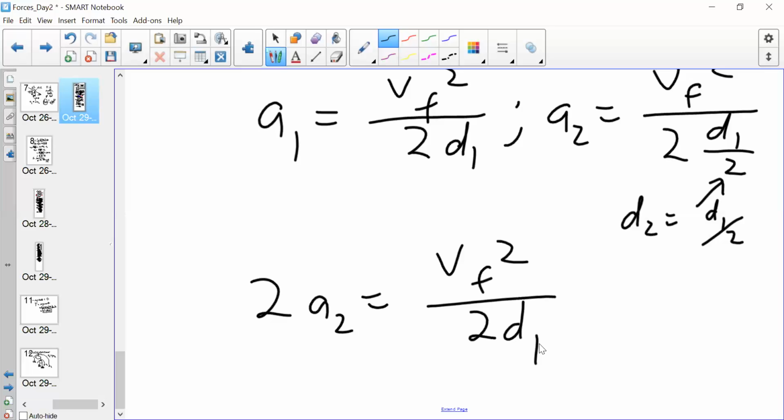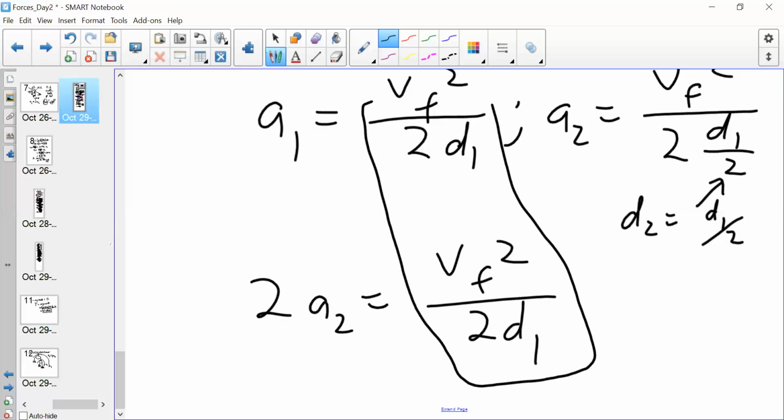All right, or that, A2, or A1 is double A2. Same equation. And so that's pretty much the proof that A1 is double A2.